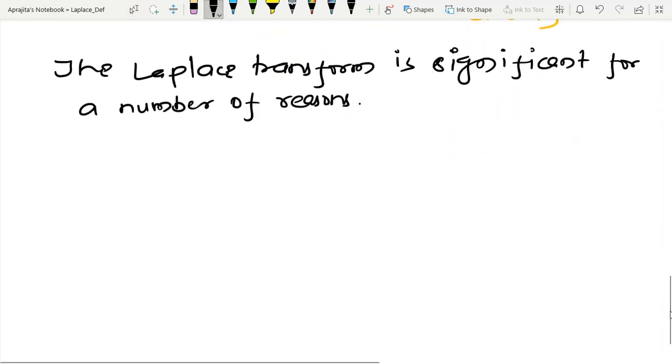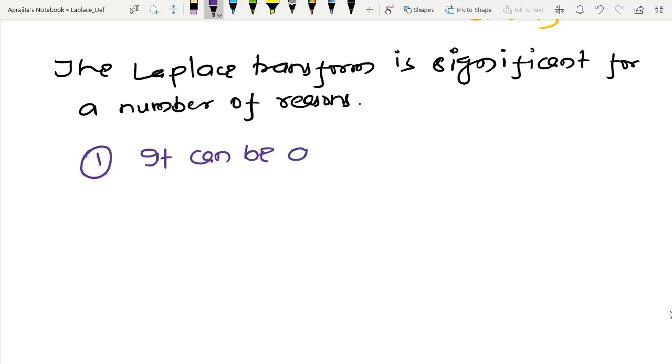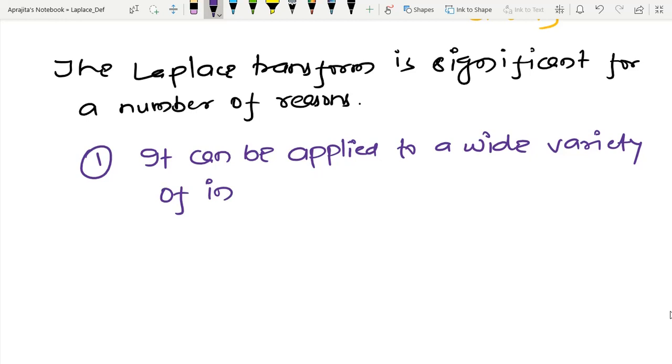So the first obvious reason is that it can be applied to a wider variety of inputs than phasor analysis.